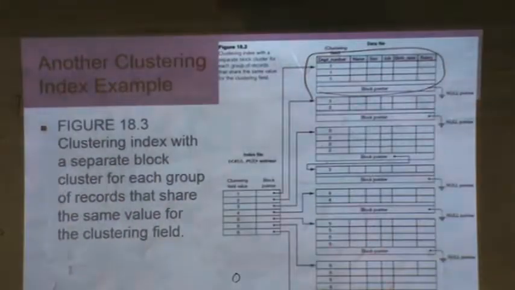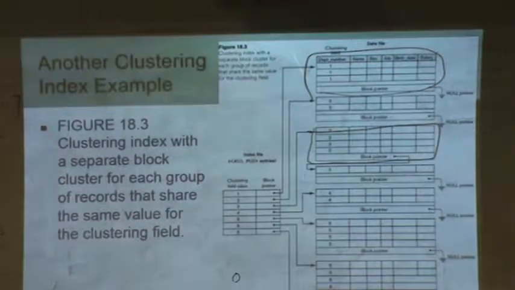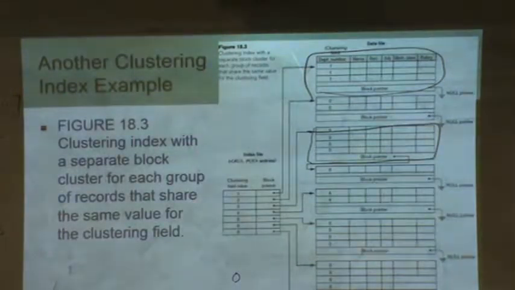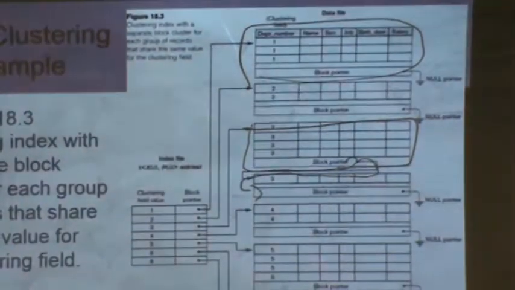However, what if one block cannot keep all the data, in this case of 3? Then you can have another block, but you need to link them. So there is a block pointer to point to the next one. And so on, then we can have the clustering index like this one.